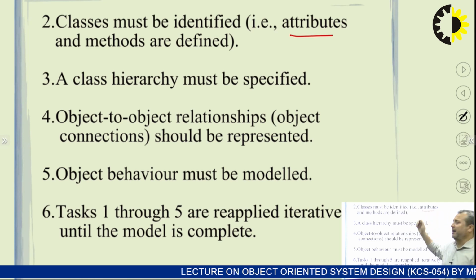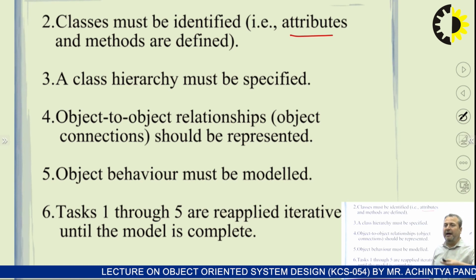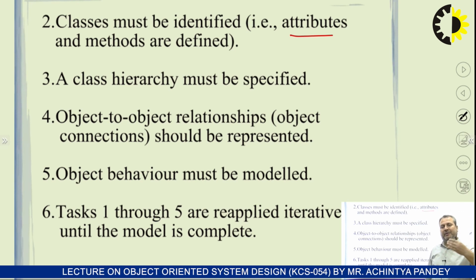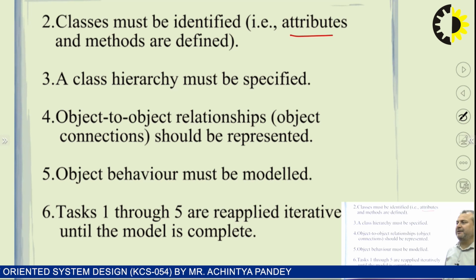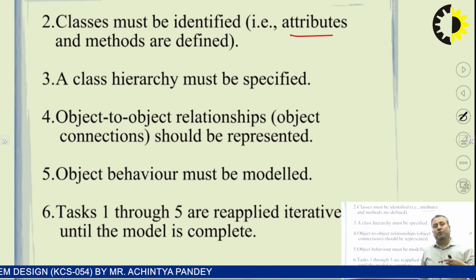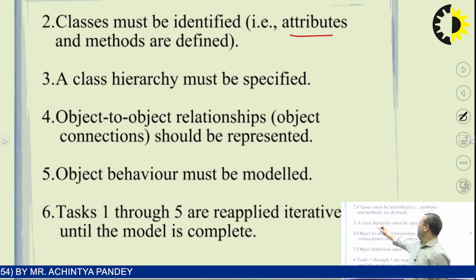Attributes, features, and methods, meaning functions, must be defined. A class hierarchy, which one is superclass and which one is subclass, and all that. This feature is called generalization and specialization. Sometimes in object oriented programming it is called the superclass subclass relationship. So this is called the hierarchy.